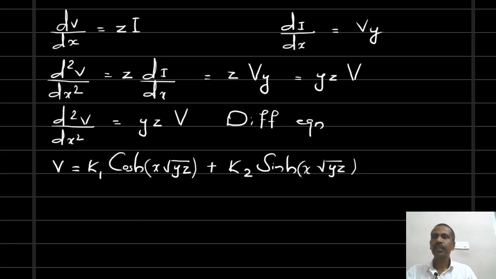X is the distance of the line from the receiving end, y is the admittance, z is the impedance of the network. Now we got an expression for the voltage.